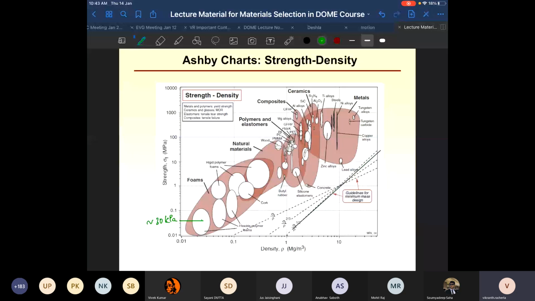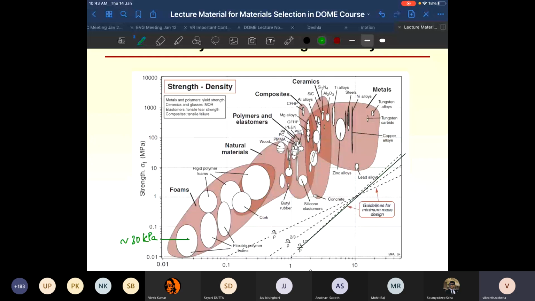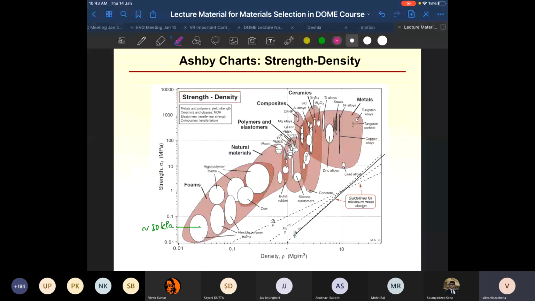You can see that CFRPs have got quite high tensile strength. Then you have ceramics, titanium alloys, steels, nickel alloys, tungsten alloys. All of these materials have got quite high strength, and the highest strength is of the order of 1 to 2 GPa.